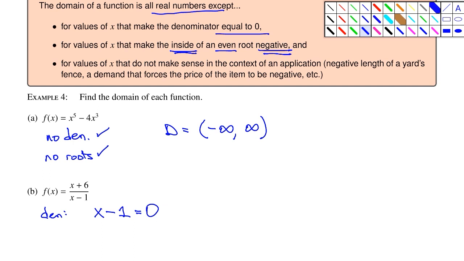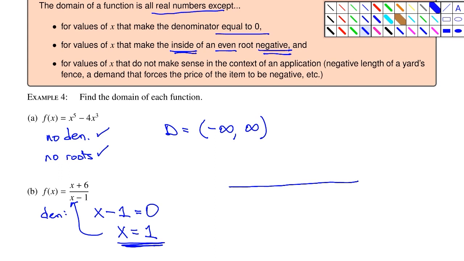And whatever solutions we come up with are the values of x that would make the denominator 0. Well, this is just x equals 1. And if you tried to plug in x equals 1 right here, you would get 1 minus 1 in the bottom, which is 0. So we can't have that. We don't have any square roots or anything here, so this is the end. So our only bad point in the domain is x equals 1.